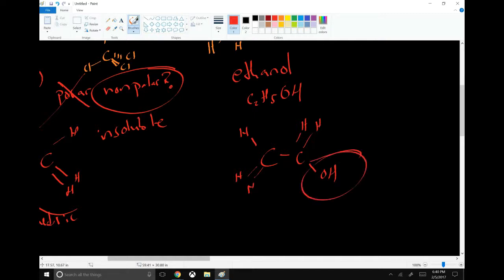We've got this hydroxide group, and oxygen is really, really strongly polar, whereas carbon and hydrogen have about the same electronegativity. It's about, I believe, 2.1 and 2.4. They're about the same, but oxygen is much higher. Oxygen is much more electronegative than carbon, so there is a strong dipole moment there. So ethanol is polar.